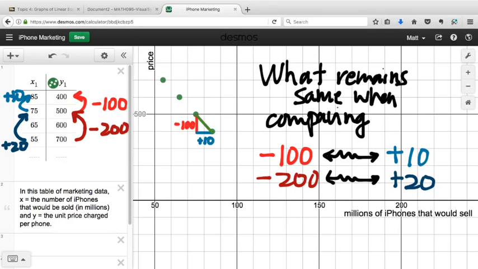Suspend disbelief a little bit because usually distances are not negative, but we'll just suspend that for the moment. And in another one of these triangles, maybe I'll make it this one here, instead of plus 10, we're going to have plus 20. Instead of minus 100, we're going to have minus 200.